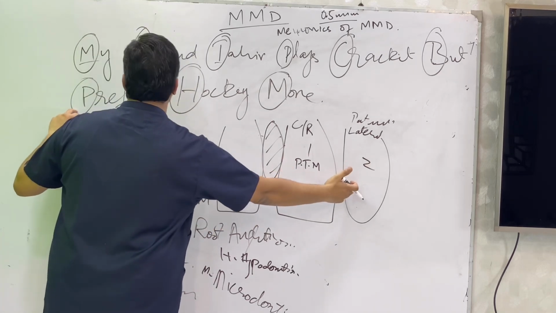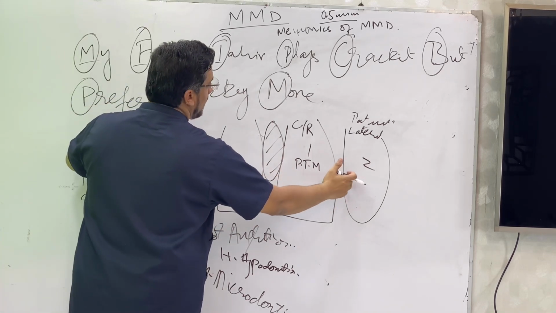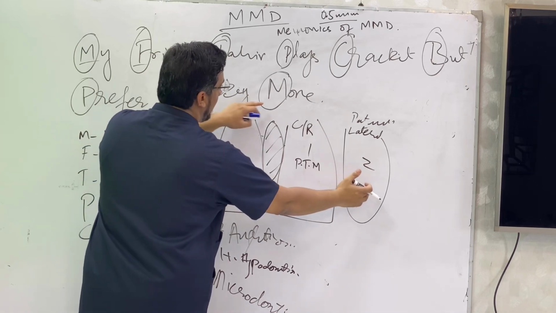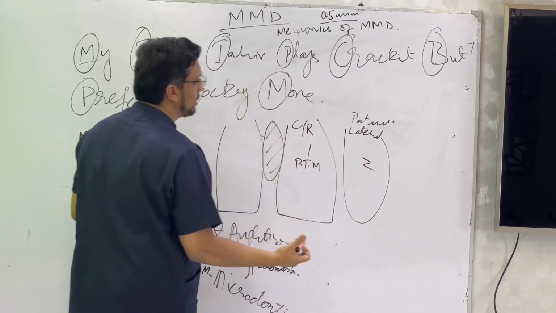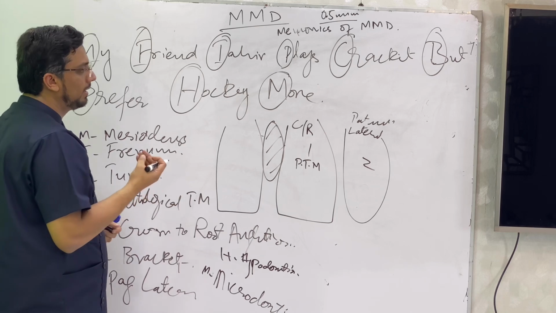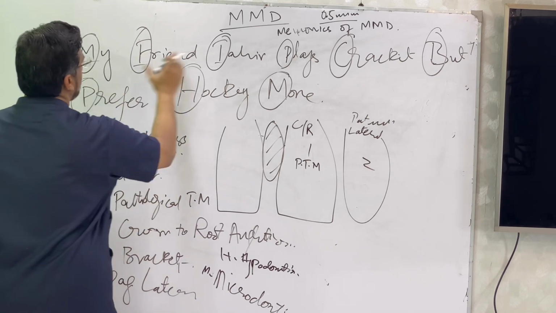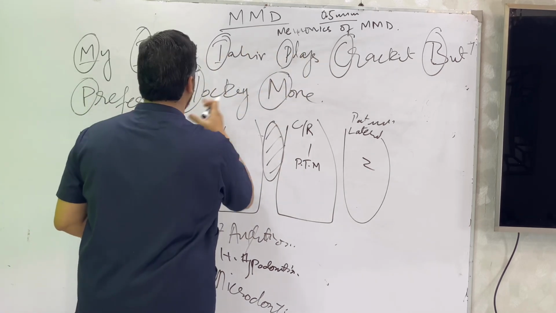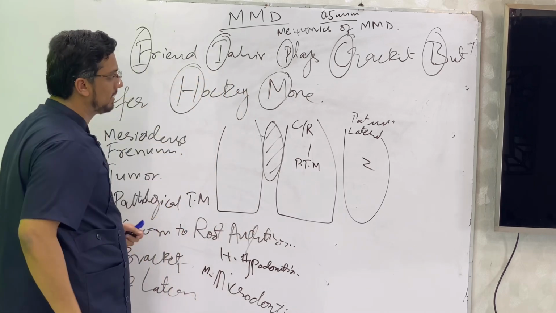Now we are coming to the lateral incisors. H stands for hypodontia of the lateral incisors and M stands for microdontia of the dentition. So there are 1, 2, 3, 4, 5, 6, 7, 8, 9 causes of the midline diastema.